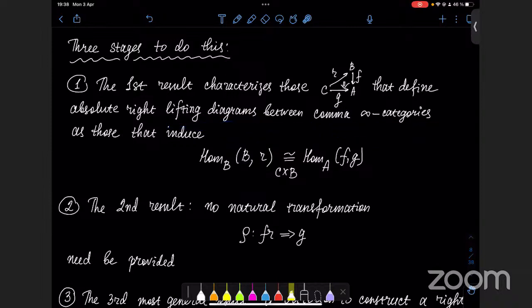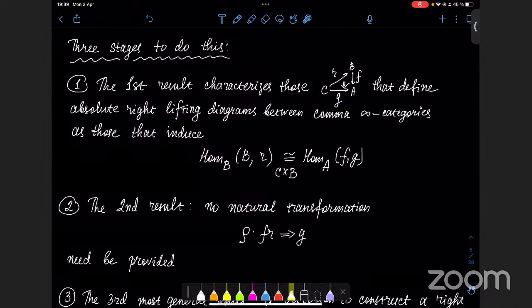And it says that this diagram is an absolute right lifting diagram if and only if you have the following isomorphism. So we see that we can translate the fact of being a right lifting diagram into the fact of being isomorphic between some hom objects.